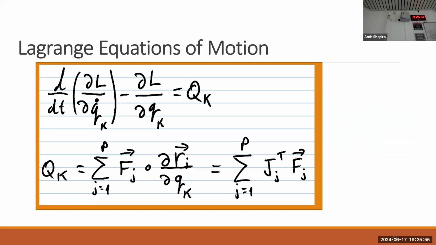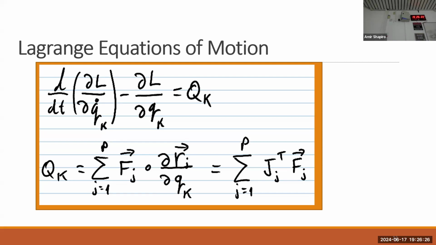of motion, where we define the generalized force as the sum of the external force dot the derivative of the point where the force is acting, and the dr/dq is simply the Jacobian.